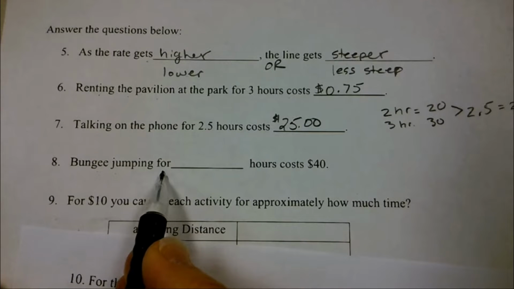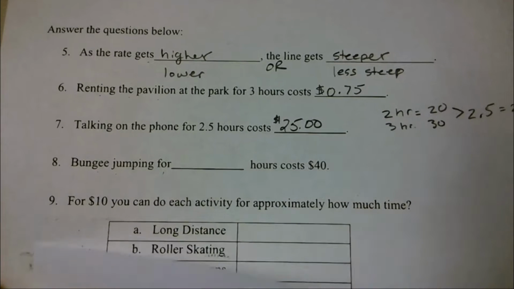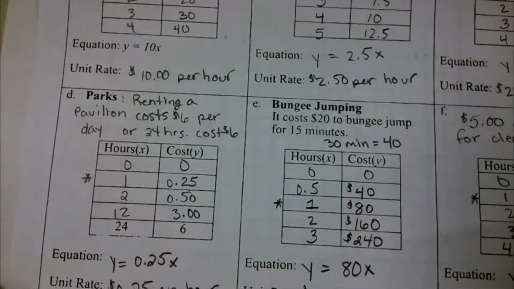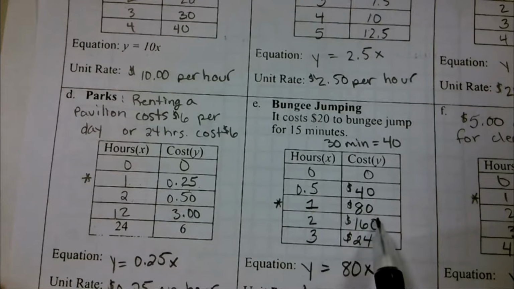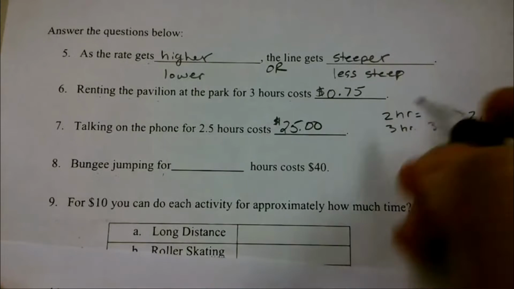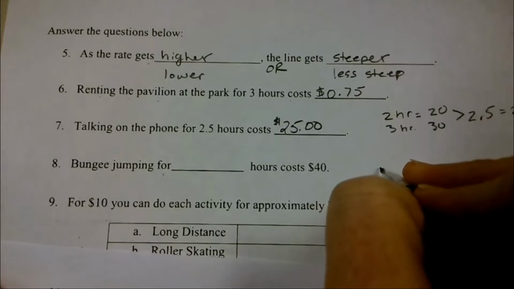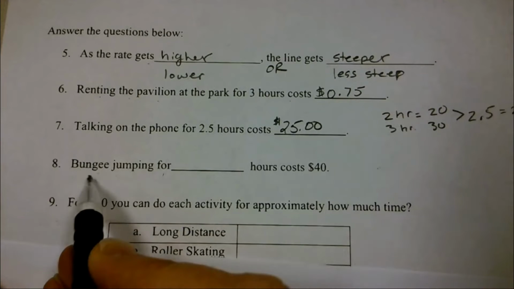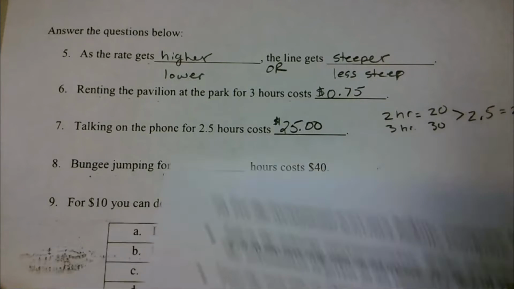Bungee jumping for 2.5 hours. So bungee jumping, let's take a look at that unit. So for 1 hour, it costs $80. So in order to find 2.5 hours, you can either find the middle ground of 160 and 240, or you can take 80 times 2.5. Oh, I'm sorry, I messed that up.